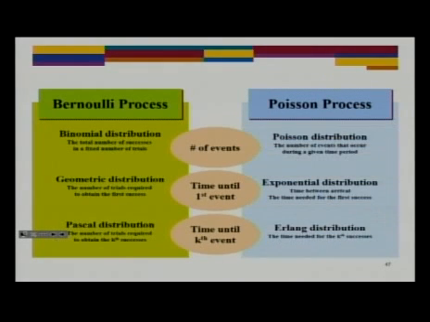Poisson process is a special type of counting process. And then it satisfies two different conditions. What is that? Stationary increment, and then what is that? Independent increment, okay?